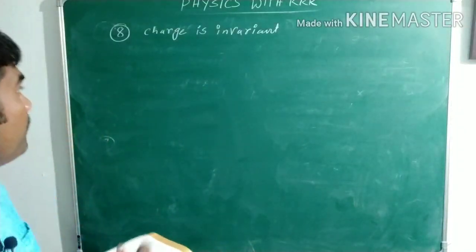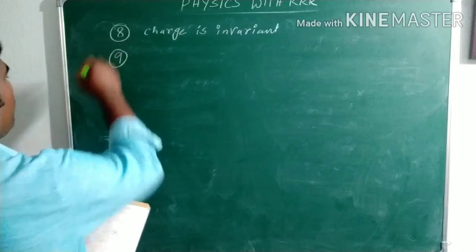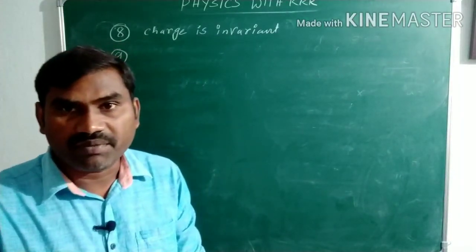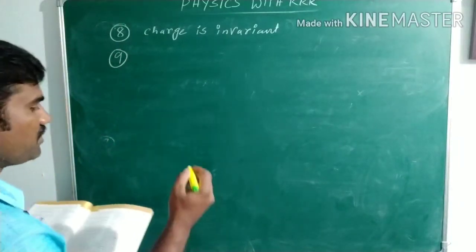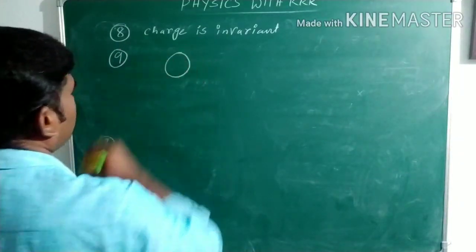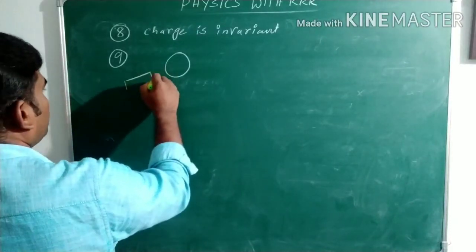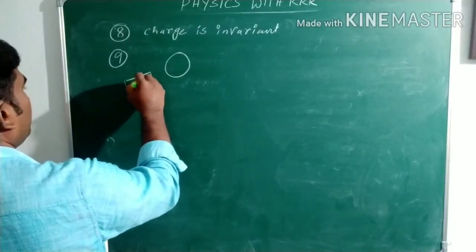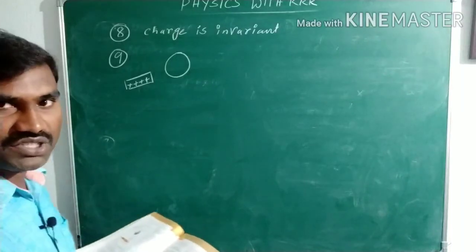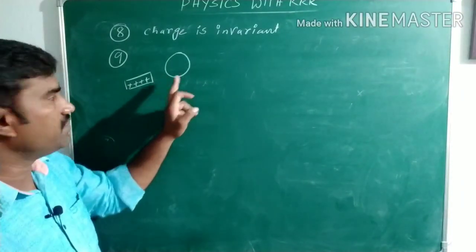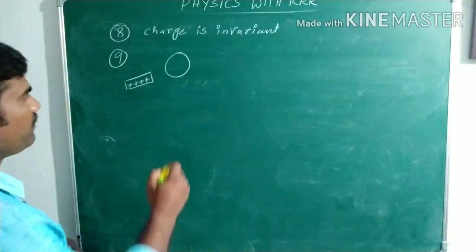Next, induction precedes attraction, because what is induction? In the induction process, if you take an uncharged body, and a glass rod is rubbed with silk, the glass rod acquires positive charge. When this positive charge is placed near the uncharged body, what happens?